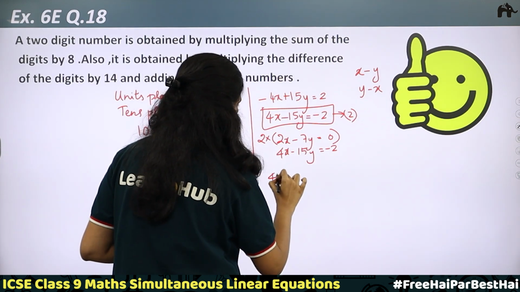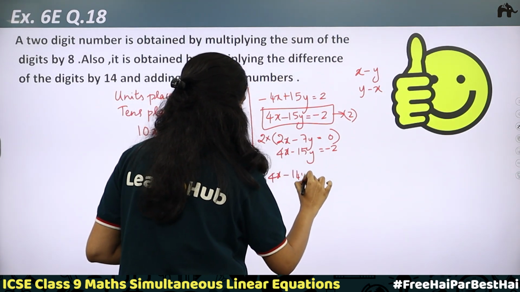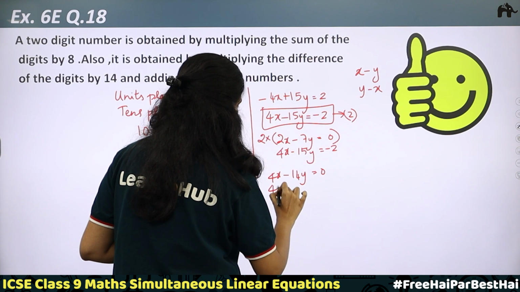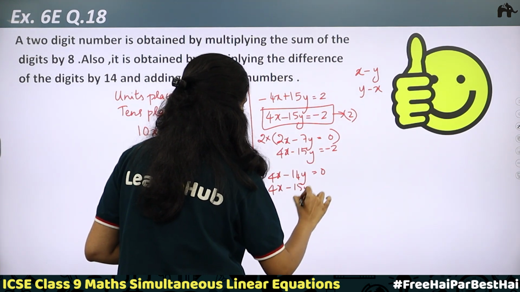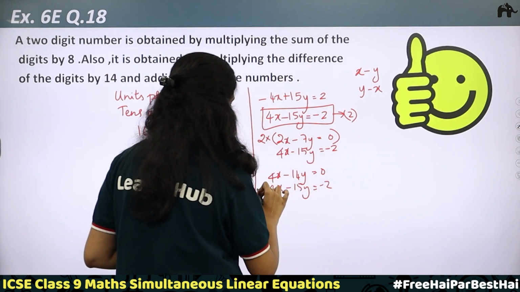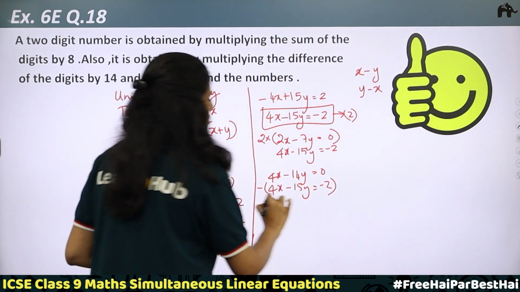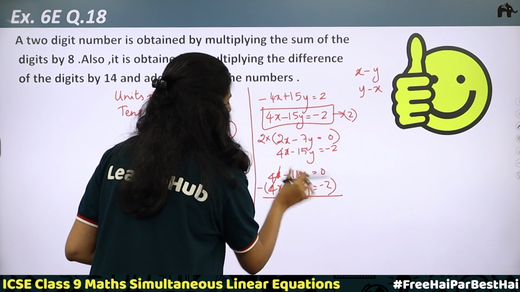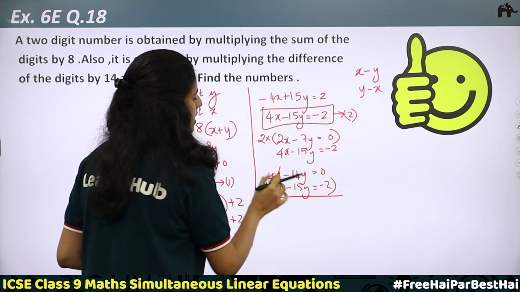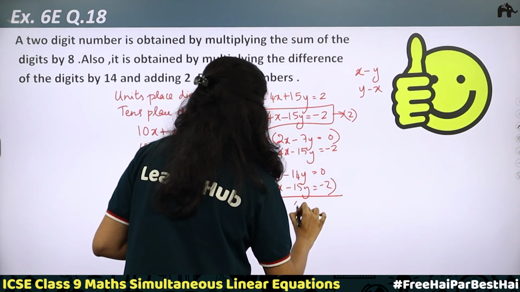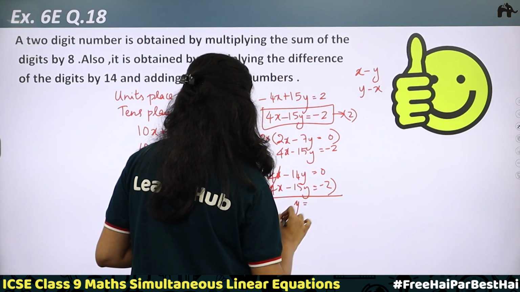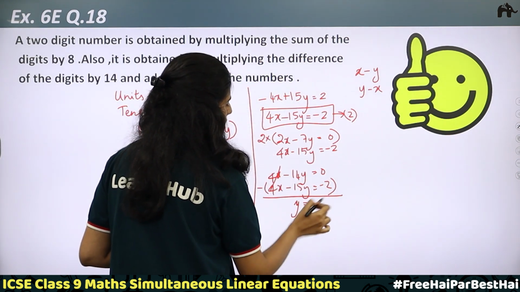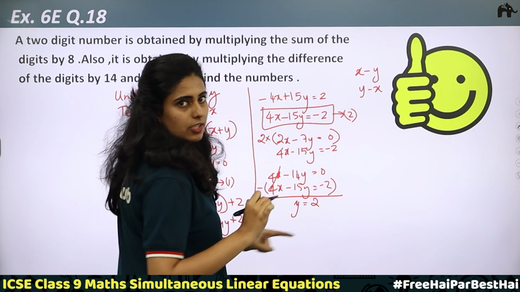So this becomes 4x minus 14y is equal to 0 and 4x minus 15y is equal to minus 2. Okay, subtracting the second equation from first equation, 4x minus 4x is removed, minus 14y minus of minus 15y, that is y is equal to 0 minus of minus 2 is plus 2. So y is equal to 2.